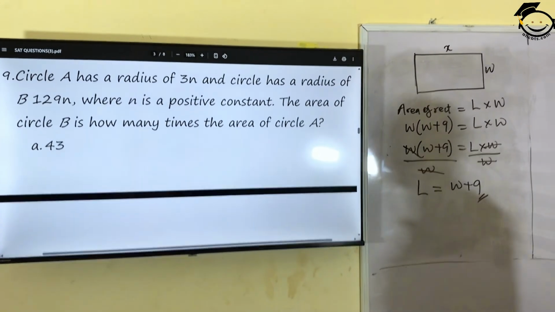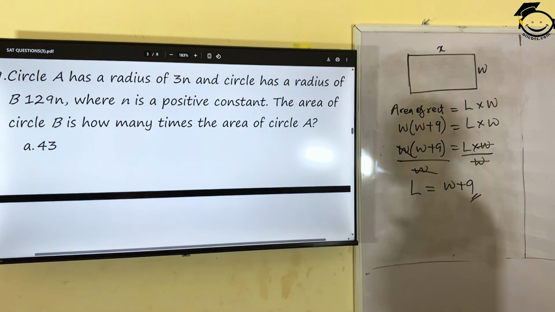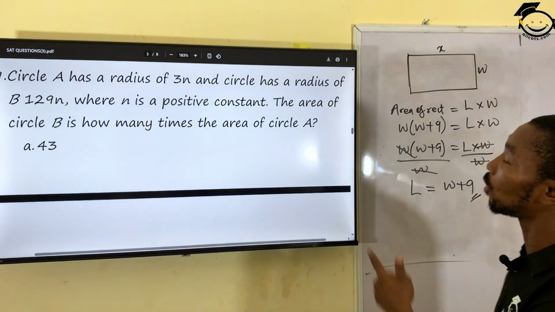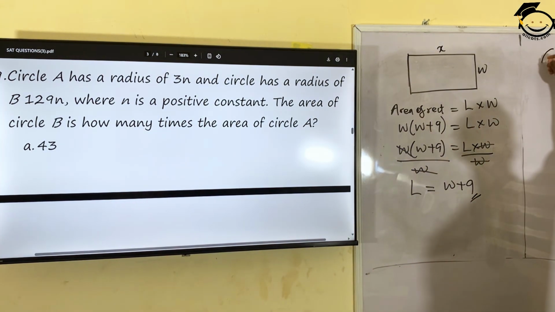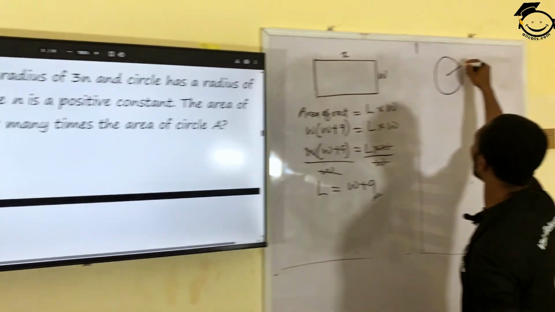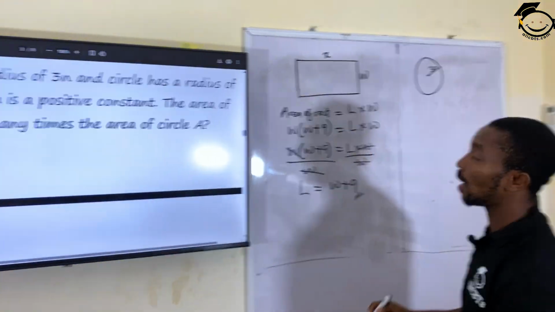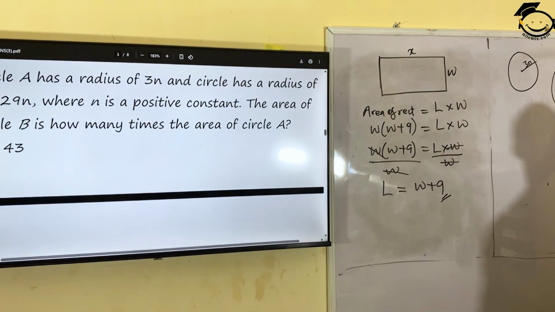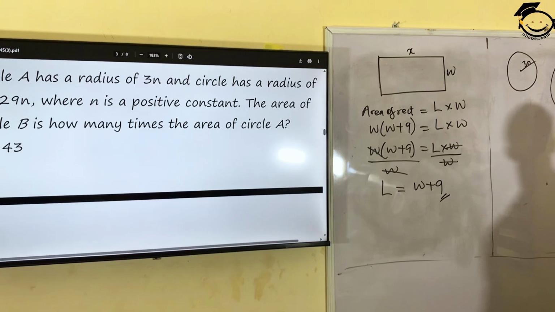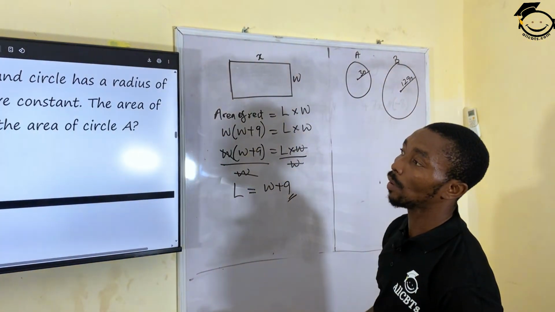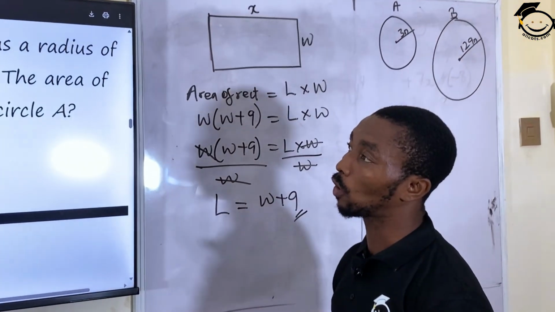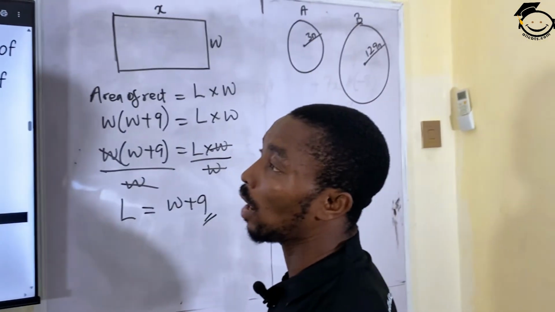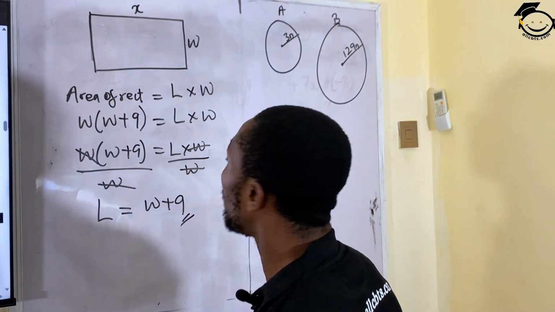Cycle A has a radius of 3n and cycle B has a radius of 129n. So we have our first cycle A with a radius of 3n and cycle B with a radius of 129n. Now it says where n is a positive constant, the area of cycle B is how many times the area of cycle A?